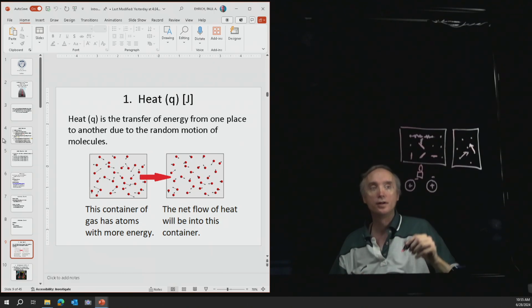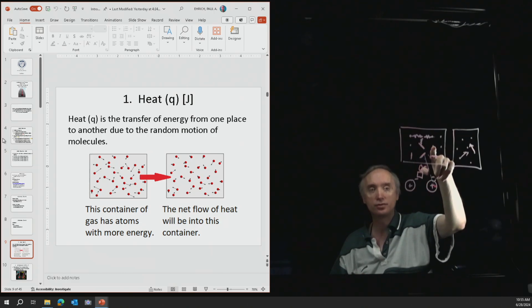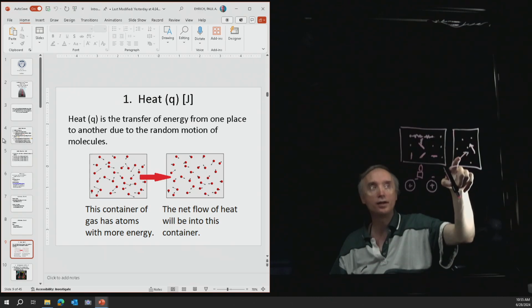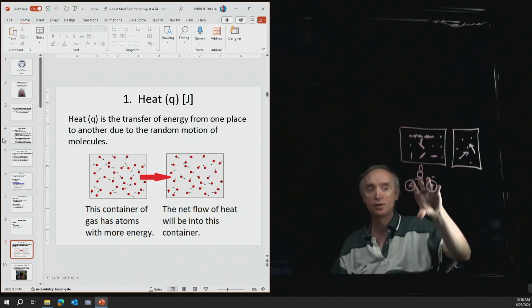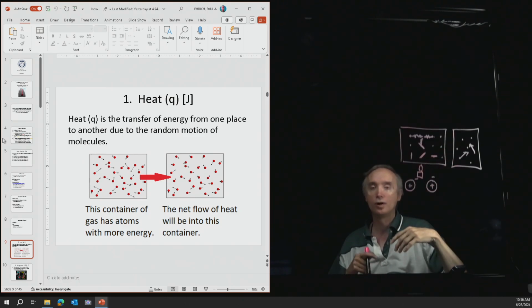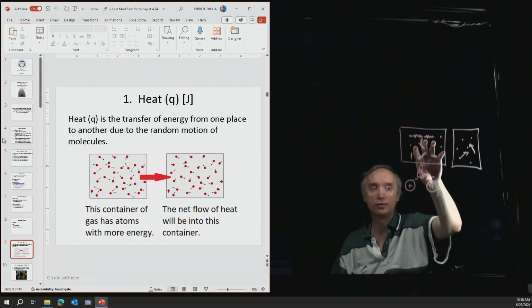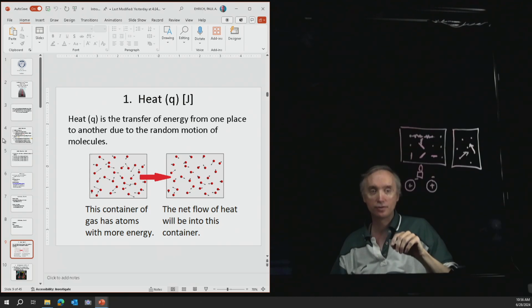But the more energy that you add to the system, the more energy the individual little atoms are going to have, and they're going to start to be moving randomly. So that's what heat is going to be. It's the transfer of energy from one place to another. And heat will cause atoms to move around randomly. The faster that they're moving, the more heat is being added to the system.